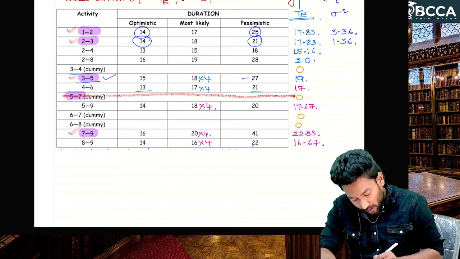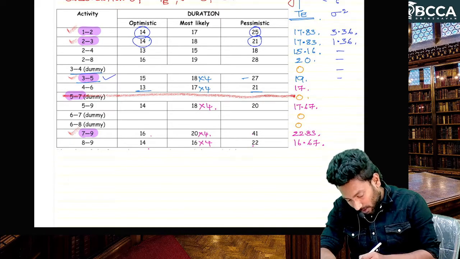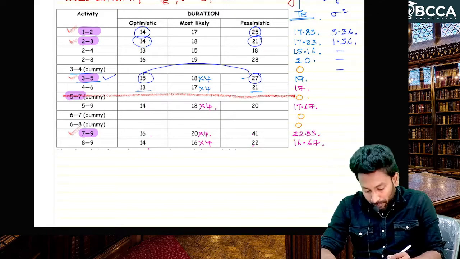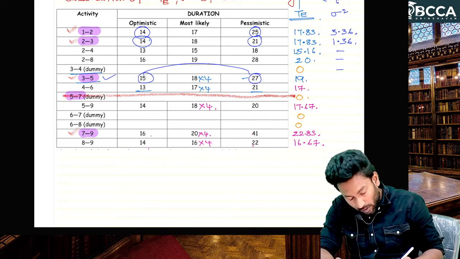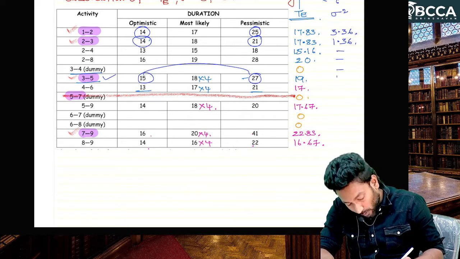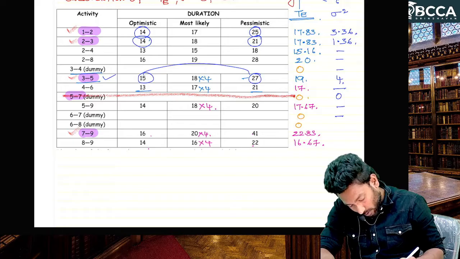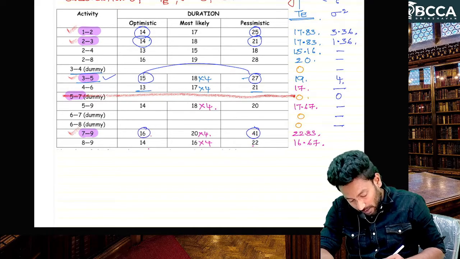Next, 3 5 is enough. We don't need to calculate the other activities' variance, sir. For 3 5, 27 minus 15, which is 12, divided by 6, which is 2. 2 square is 4. For 5 7, it is 0 here. For 7 9, 41 minus 16.